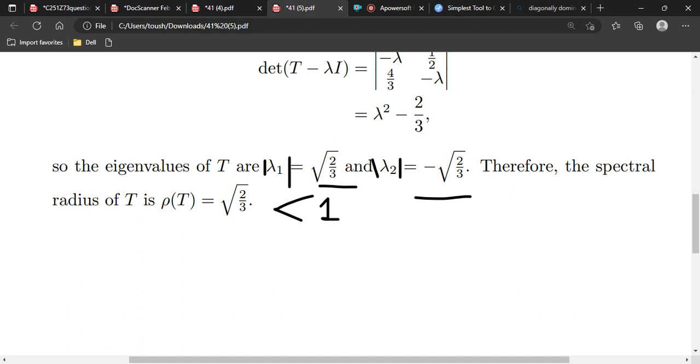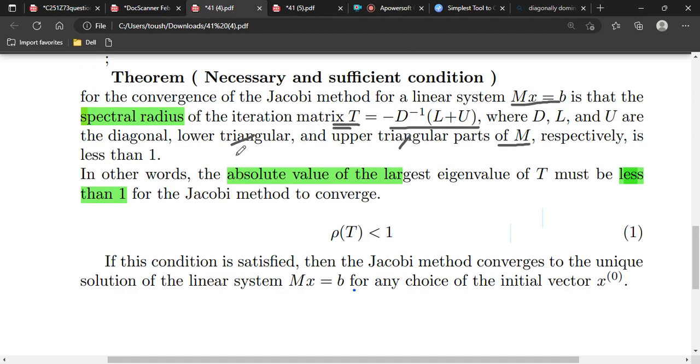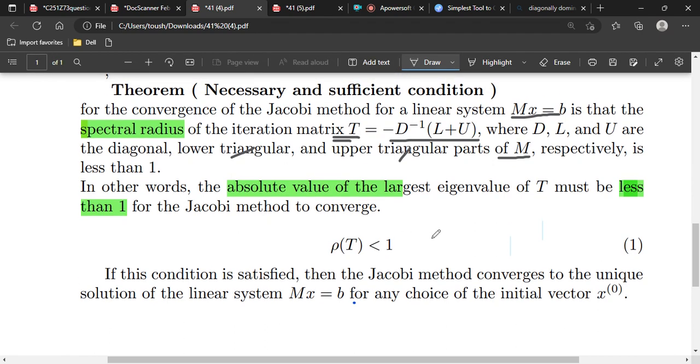So the largest eigenvalue will be actually root over 2 by 3, which is strictly less than 1, right? So from this necessary and sufficient condition, if this spectral radius is strictly less than 1, then for any choice of the initial vector, this Jacobi method converges to the unique solution.